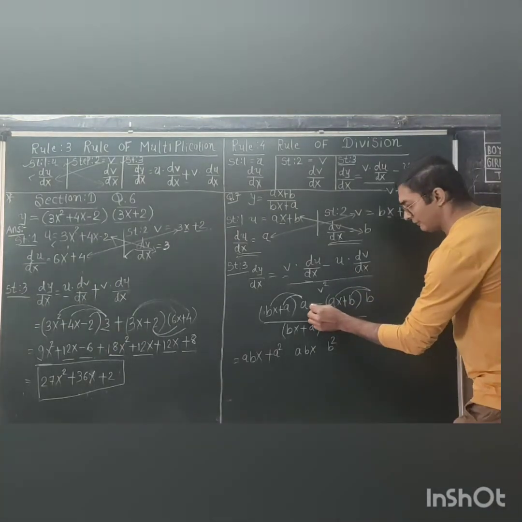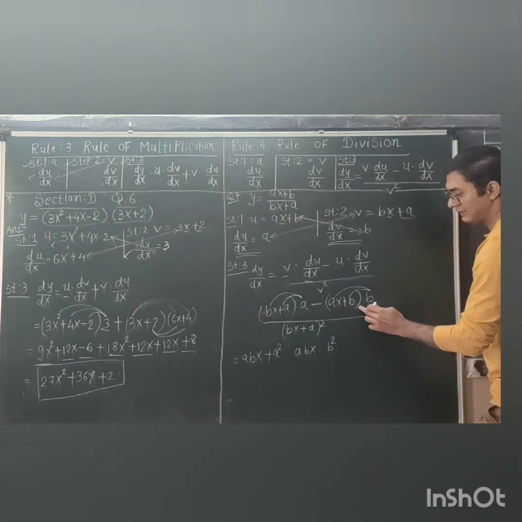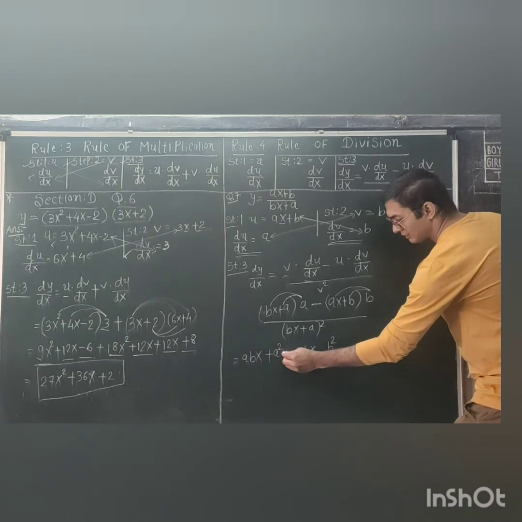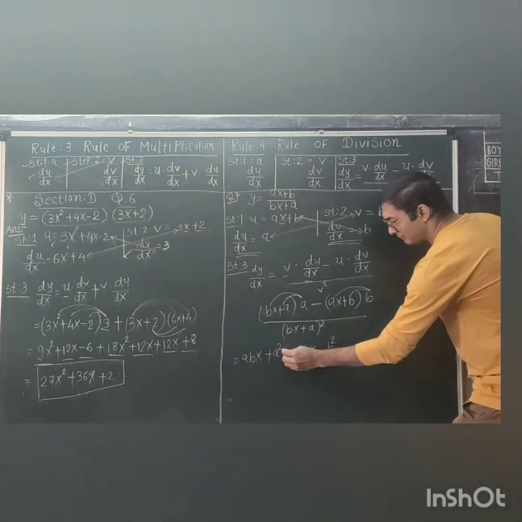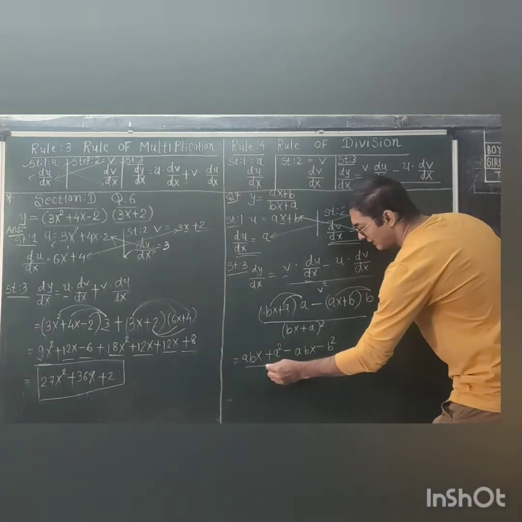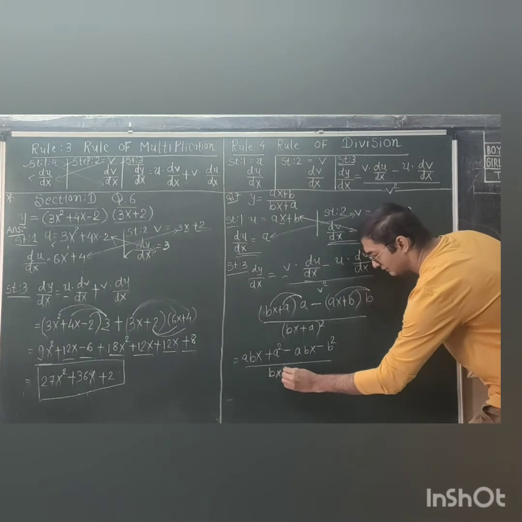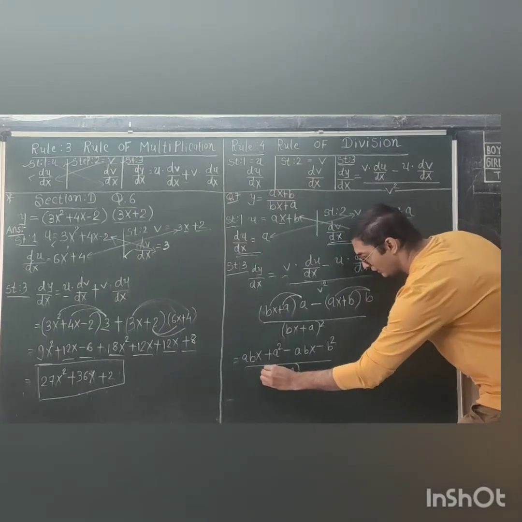But here the sign of negative that I entered into, then all the signs change. So here it is positive, it becomes negative, again it becomes negative, divided by bx plus a whole square.